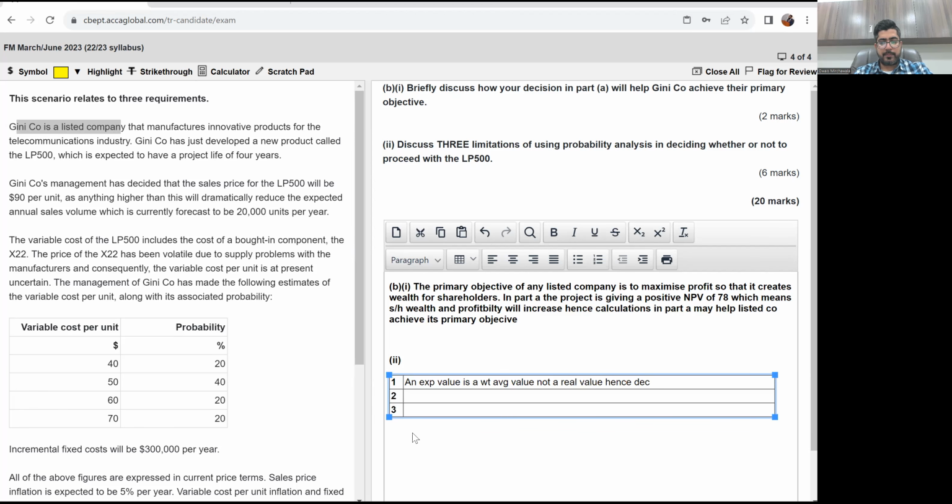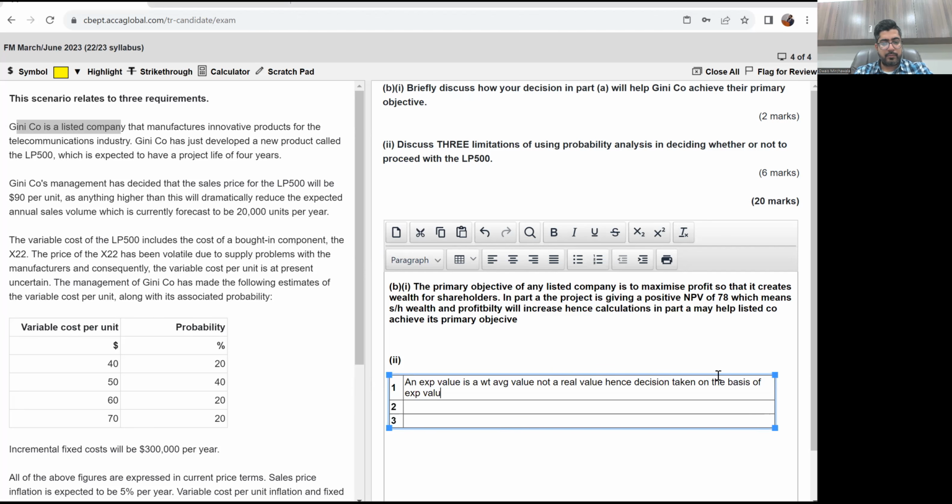Hence, decision taken on the basis of expected value is unlikely to be 100% accurate.